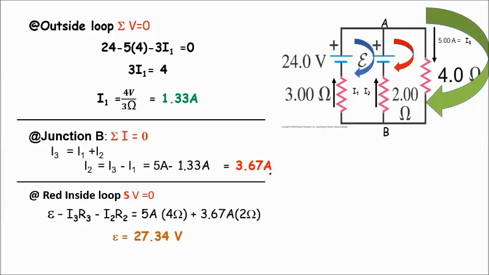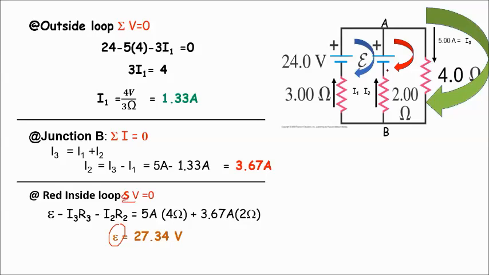Now for the inside loop, because the problem asks us to find the EMF. This EMF value is unknown. So in the inside loop, we sum up voltages equal to 0.